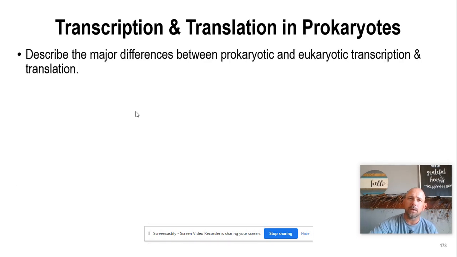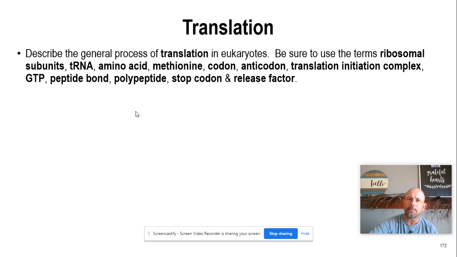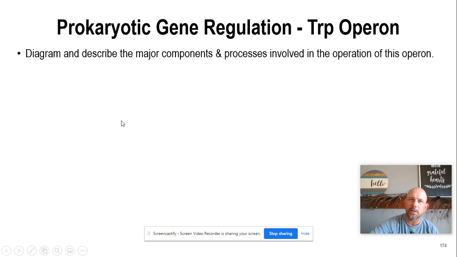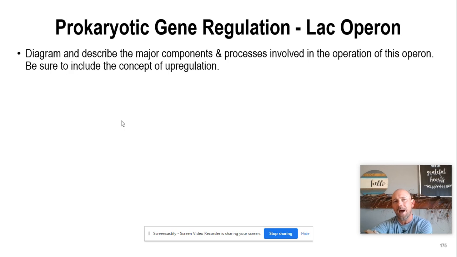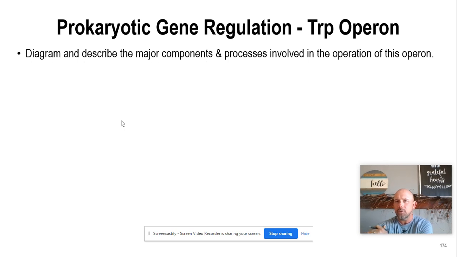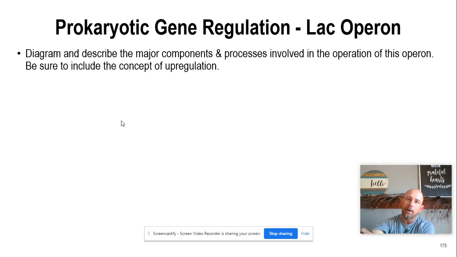So here are your translation notes. As we go through the whole process of gene regulation, there are two different models we looked at: the trp versus the lac operon. I would ask that you take a look at the trp operon, which dealt primarily with tryptophan, and then the lac operon, both primarily in bacterial organisms.